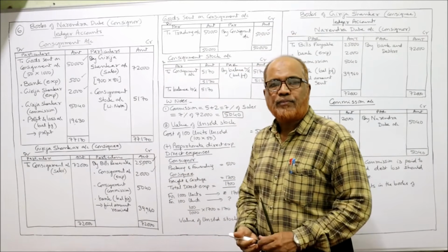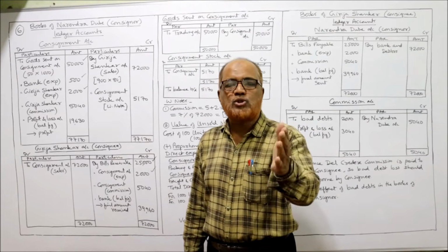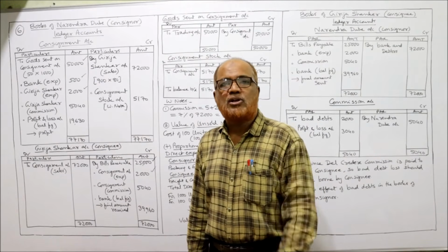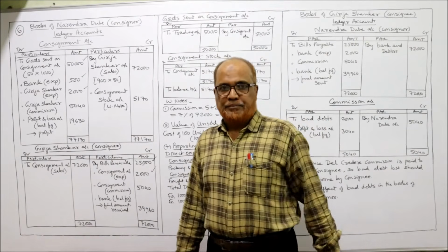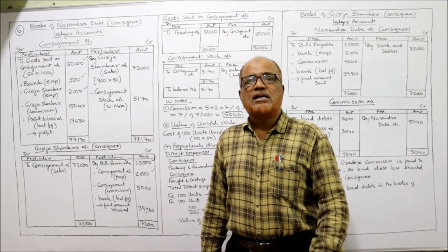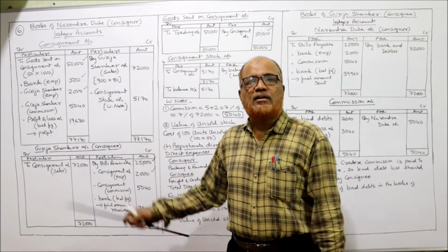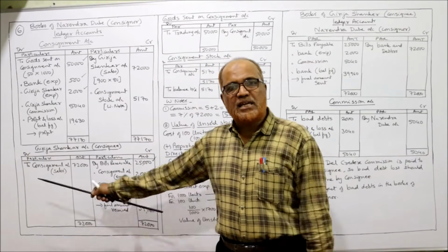Over. Now commission. Commission is 5% plus 2%, 7% on sales. How much are the sales? First of all, the sales entry. What is the entry for sales? Entry for sales is consignee account debited to consignment account. Consignee is Girija Shankar.